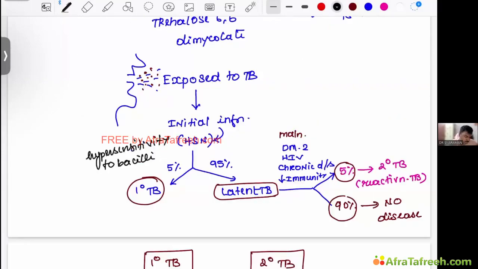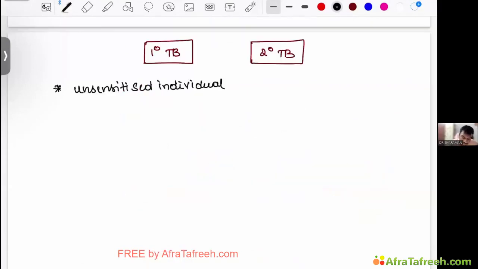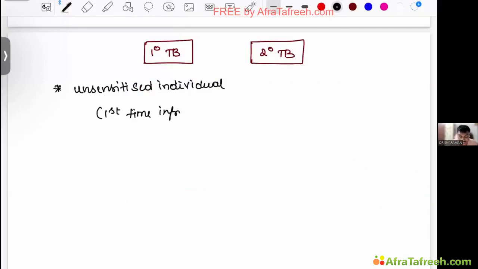This is the first time he is getting infection, whereas secondary TB is a reactivation of TB in an already sensitized individual.